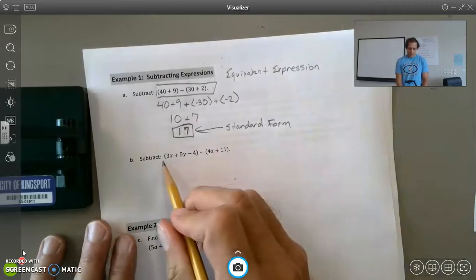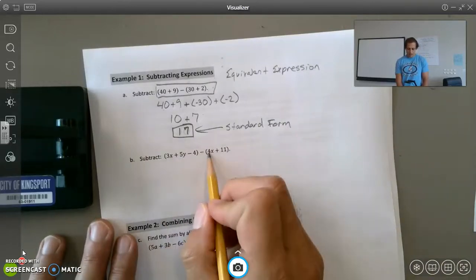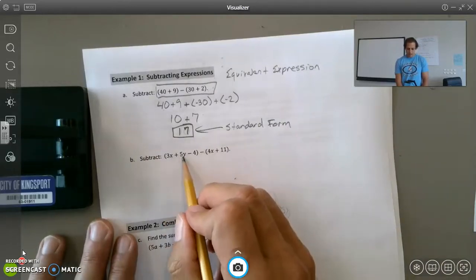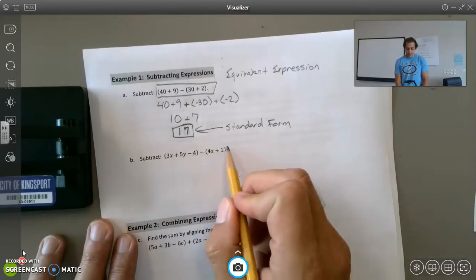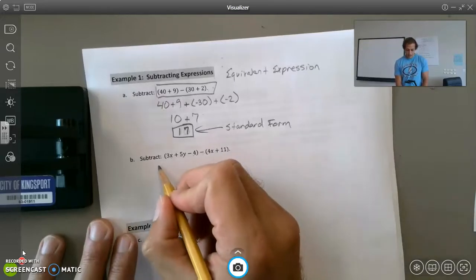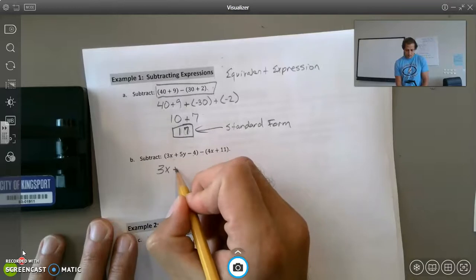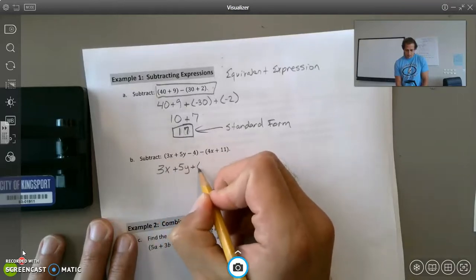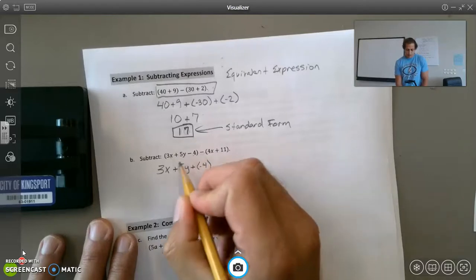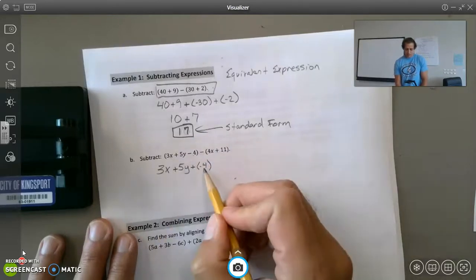All right, now let's look at this problem. 3x plus 5y minus 4 minus the sum of 4x plus 11. So I'm going to go ahead and break this up into terms. I'm rewriting this as addition: 3x plus 5y plus negative 4.